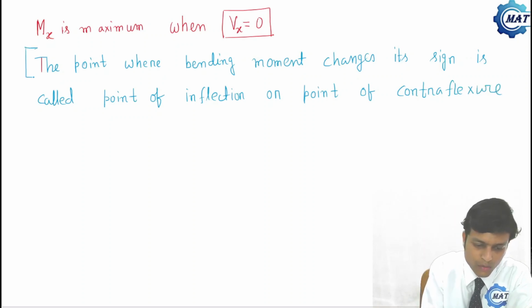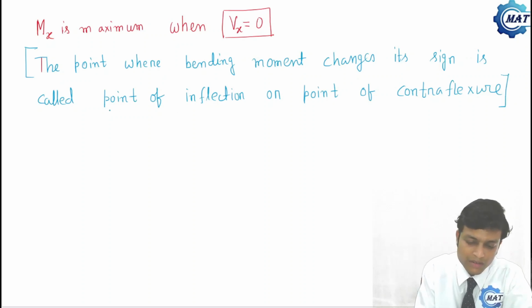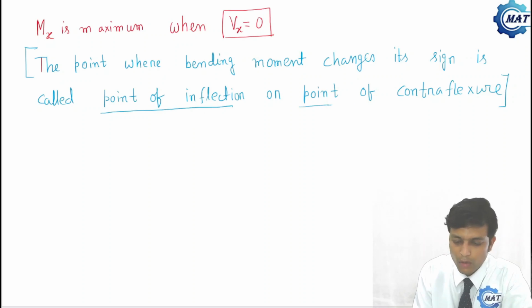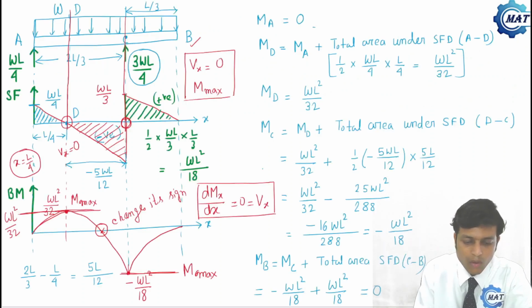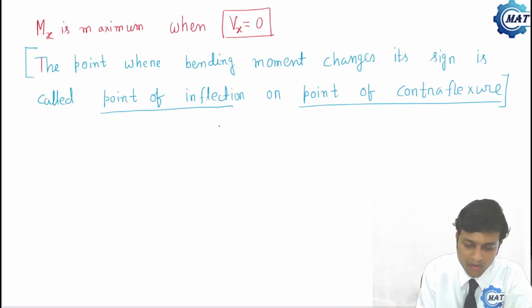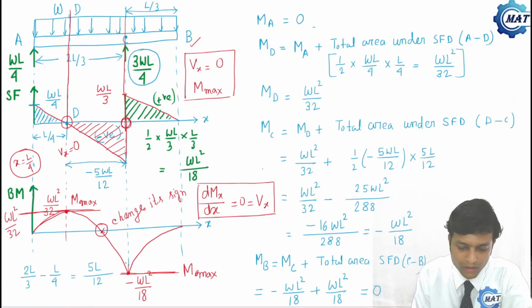This point is seen in overhanging beams. This is an overhanging beam. So we have got one point of inflection or point of contraflexure.